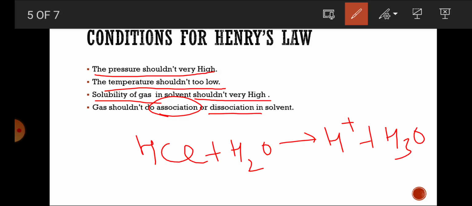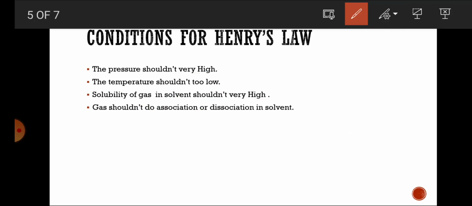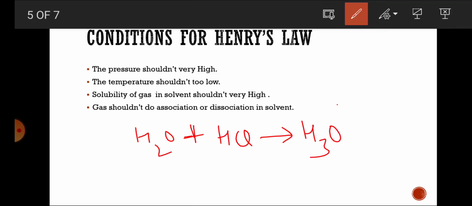So there is a case of dissociation or association. Dissociation means there is a formation of ions. There will be a formation of hydronium ion H3O positive and chloride ion.